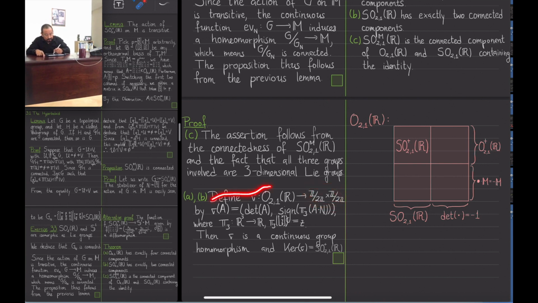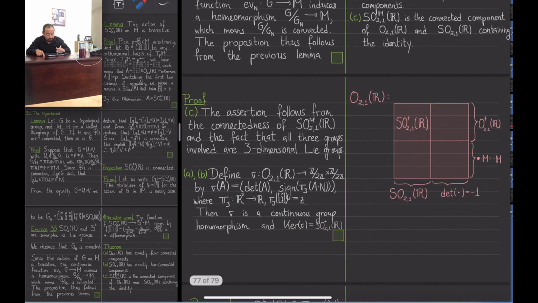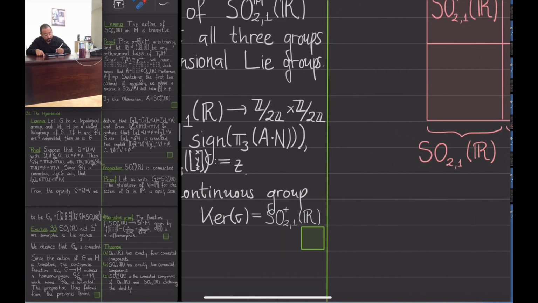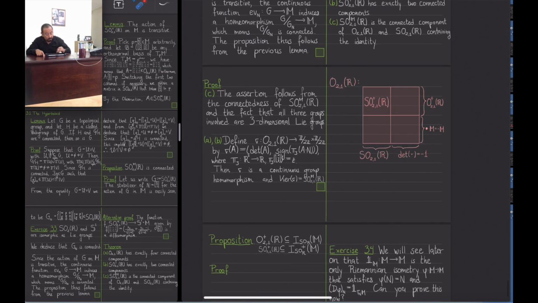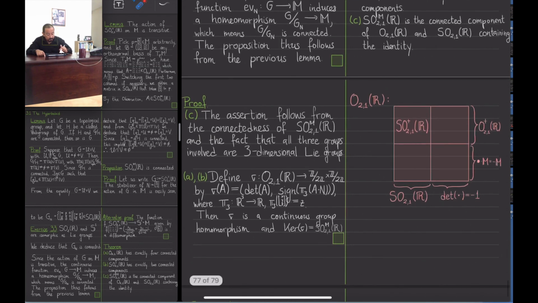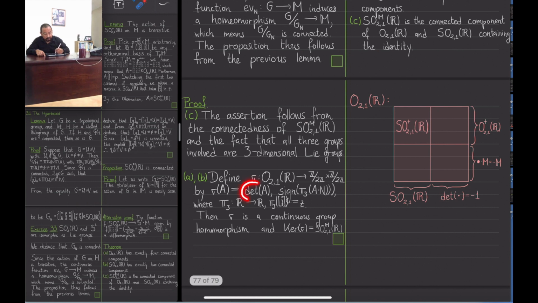I formalize it into a group homomorphism, which turns out to be continuous, and whose kernel is precisely the restricted Lorentz group. And that's it. You see that it's continuous because the determinant is a continuous function. It's a polynomial function, so it's continuous.